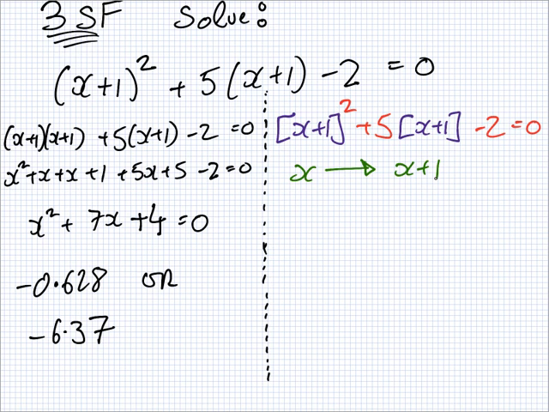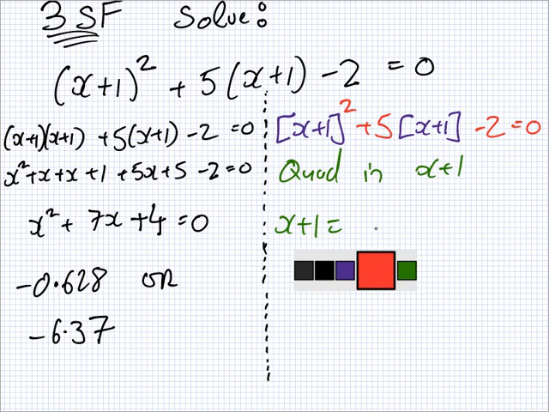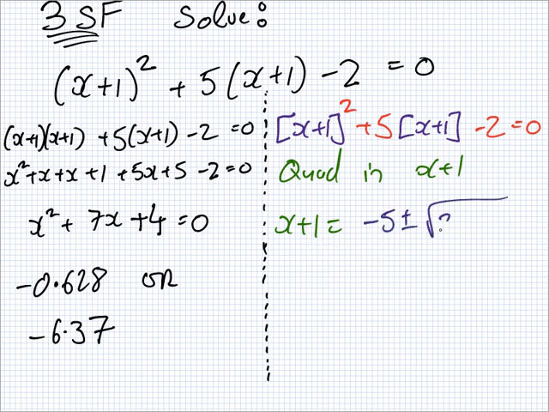What I'm trying to say is, solve it as x plus 1. So you can see that it's a quadratic, but it's a quadratic in x plus 1. So x plus 1 equals minus b plus or minus square root of b squared minus 4ac, all over 2a.